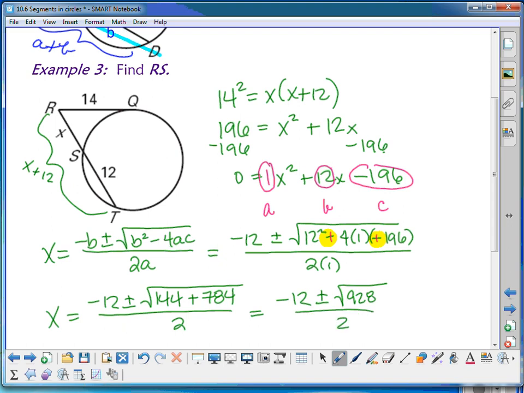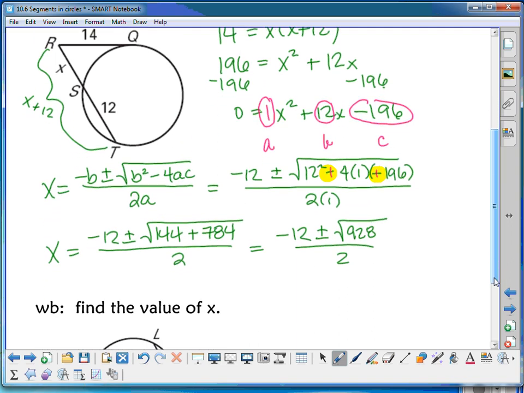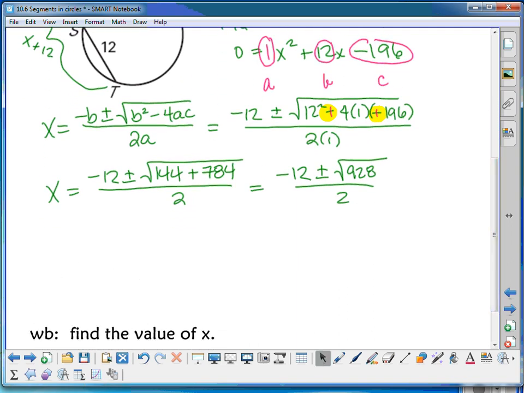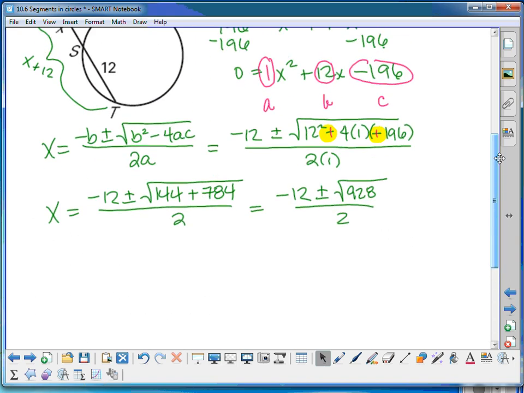Now what you have to remember is that plus or minus, that means there's actually two answers. So let me give myself a little bit more room here. Alright, so there are two answers. There's negative 12 plus the square root of 928 over 2, and then there's negative 12 minus the square root of 928 over 2.